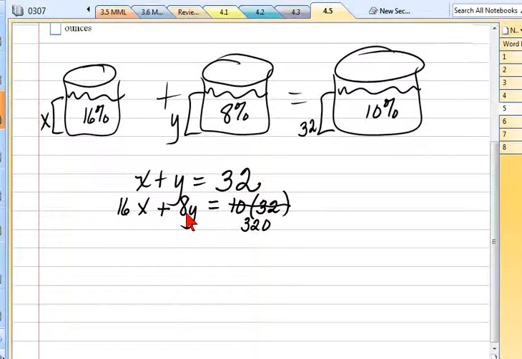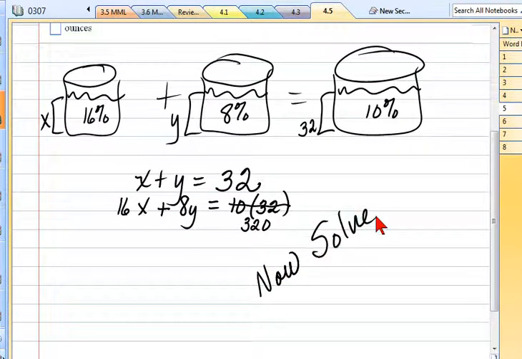If you didn't want to use addition, could you solve the top equation for either X or Y? Yes. If you look at the printed notes, you will see that my first class asked me to do it by substitution, and I did. But we don't have time now. We don't have time to do that because I'd like to look at another question.